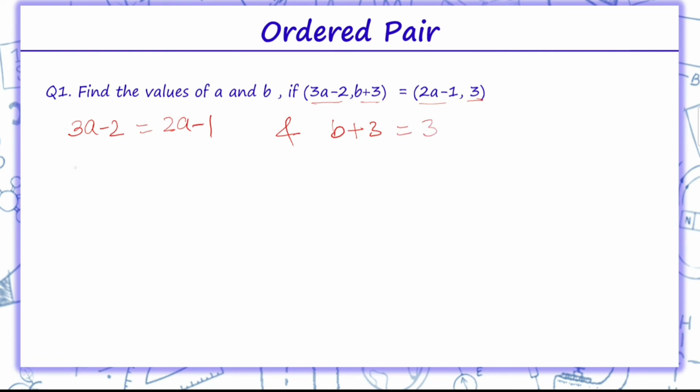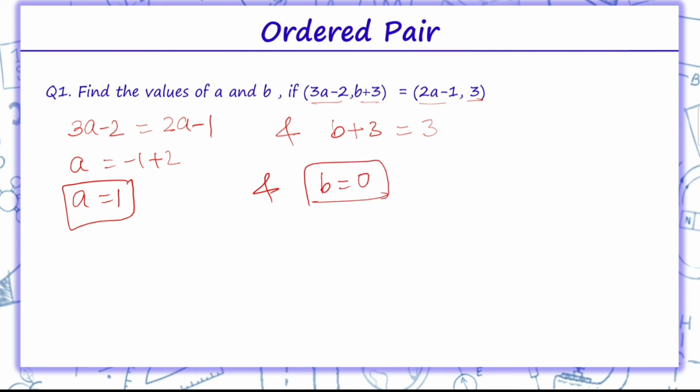On solving it, 3a minus 2a gives a, equals minus 1 plus 2. So a will be 1 and over here b is 0. So by the definition of equality of ordered pairs, we calculated a whose value is 1 and b whose value is 0.